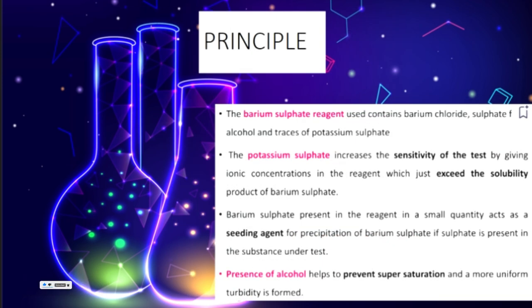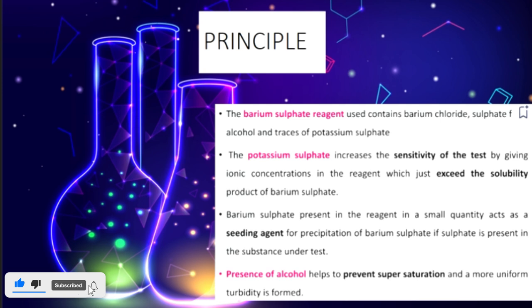The barium sulphate reagent is used because it contains sulphate-free alcohol, barium chloride and potassium sulphate. The alcohol prevents supersaturation, and a more uniform opalescence or turbidity is formed because of it.